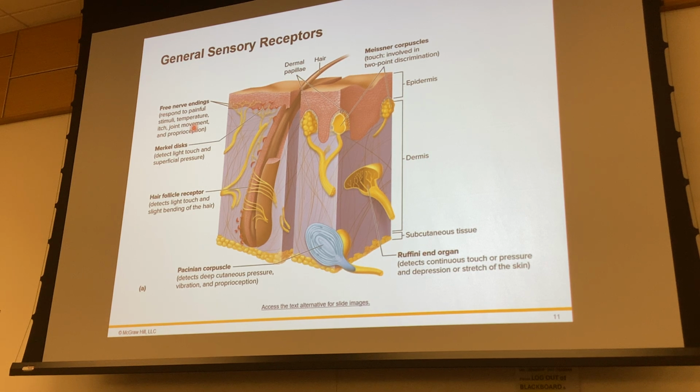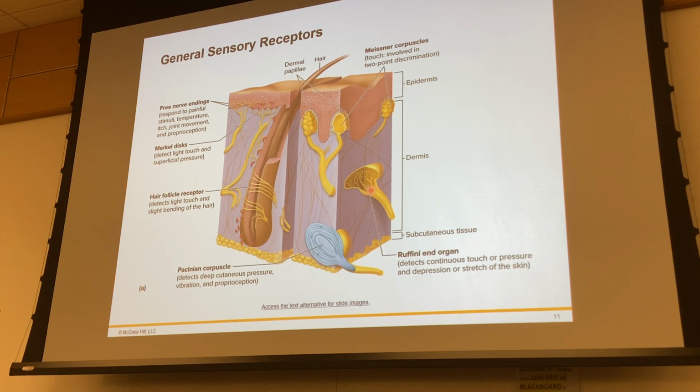There's Merkel discs and free nerve endings that are also superficial. They're not necessarily associated with the dermal papillae, but they're at that level. They're superficial and they're responding to pressure and pain. And then the two that are deepest are the Pacinian corpuscle and the Ruffinian end organ.